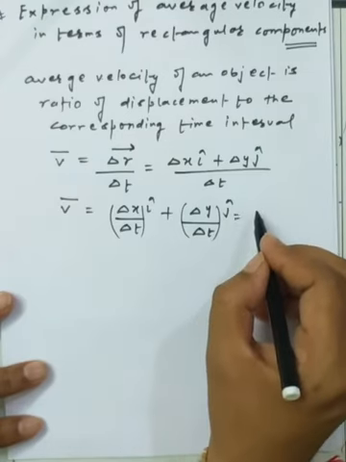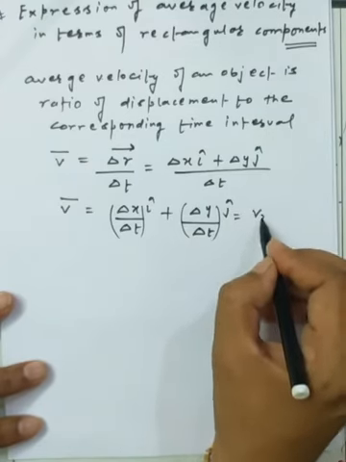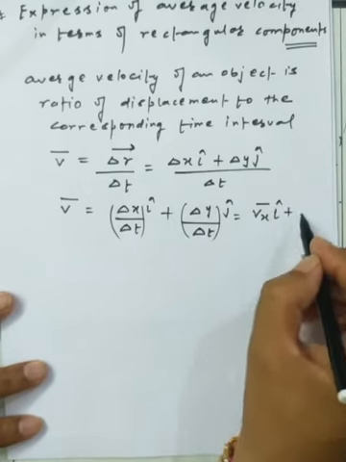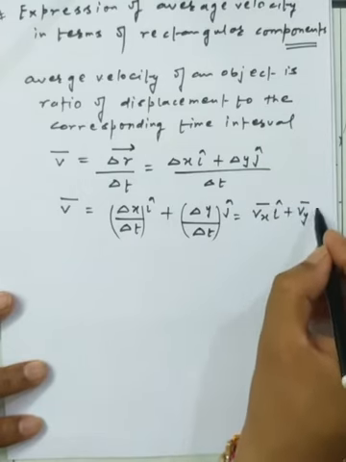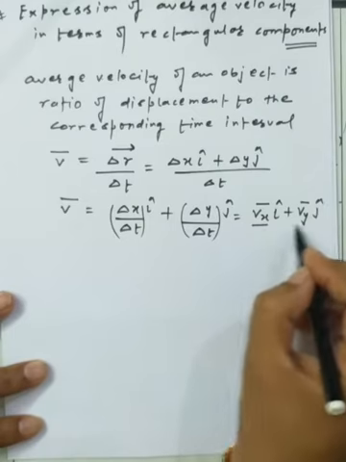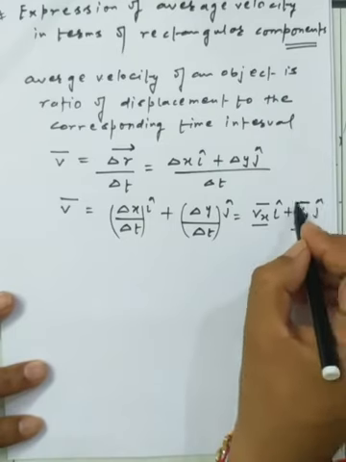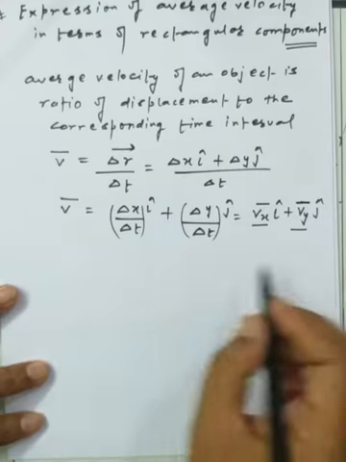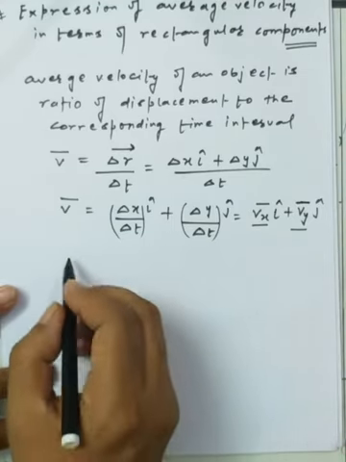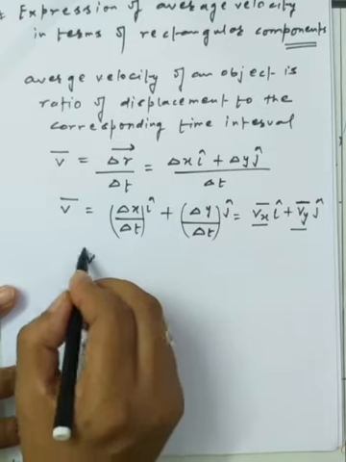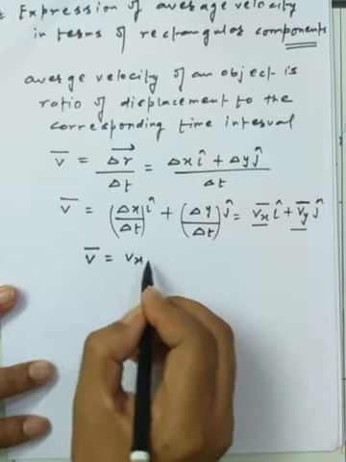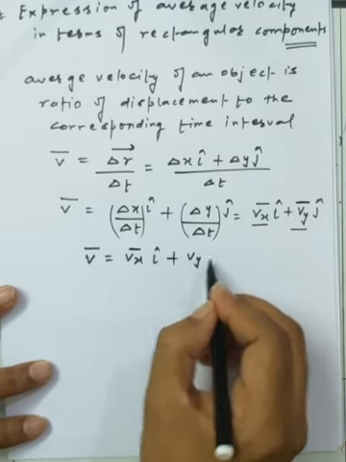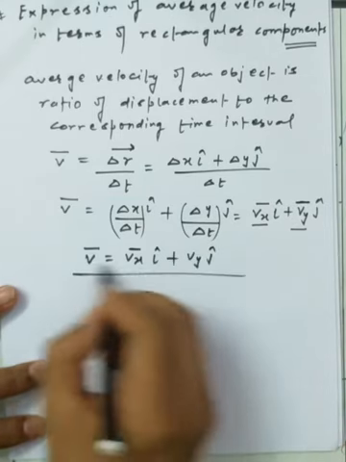So we have the notation vx average i cap plus vy average j cap, and these are magnitudes, not vectors. So the average velocity is equal to vx i cap plus vy j cap.